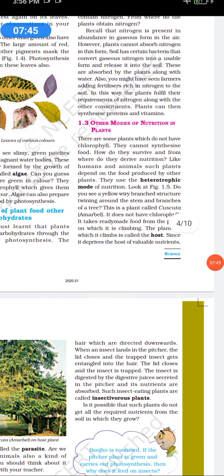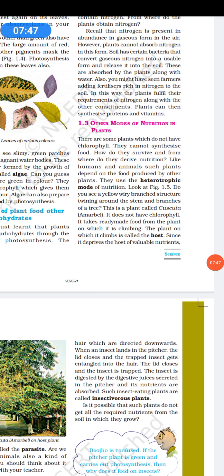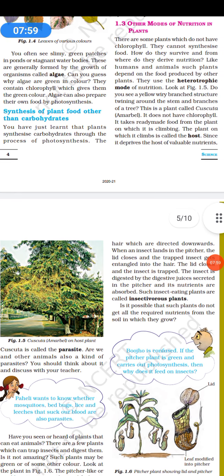Now coming to other modes of nutrition, that is heterotrophic mode of nutrition, where the nutrition is dependent on other organisms or plants. Based on this, we have different heterotrophic nutrition. First one is the parasitic form.